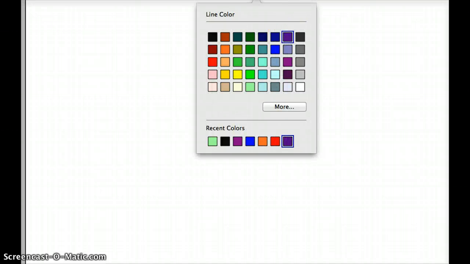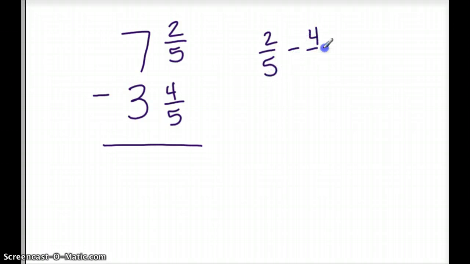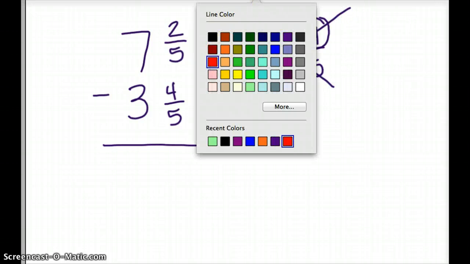I'm going to do it again. I have the numbers 7 and 2/5 minus 3 and 4/5. So I have 2/5 minus 4/5. This number is greater than 2, so I cannot subtract. So I have to borrow.